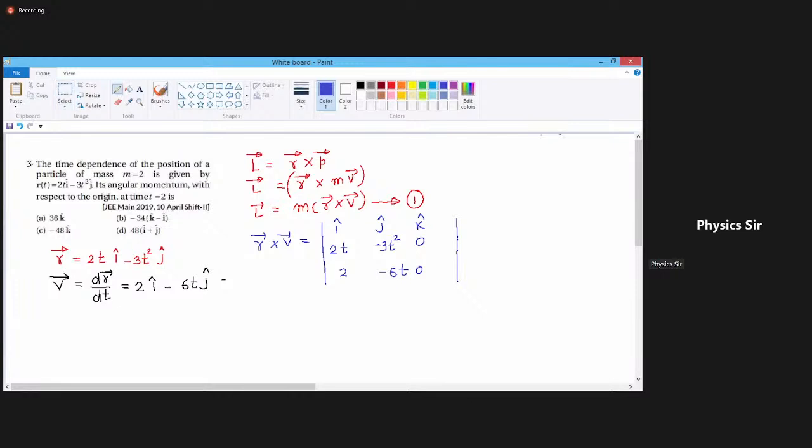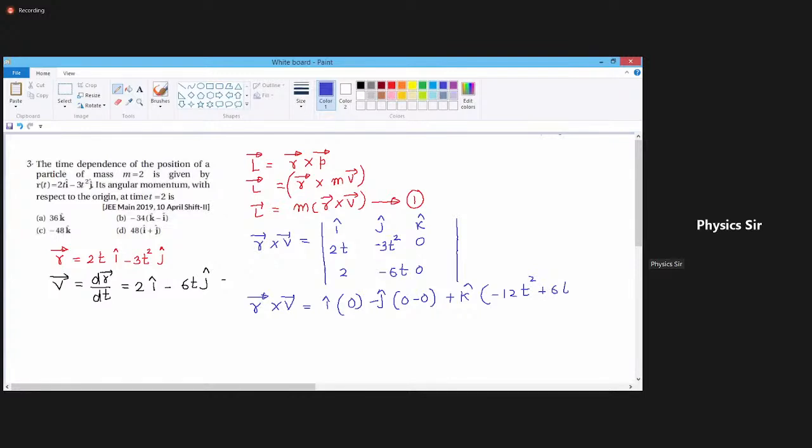So this vector r cross vector v comes out to be: i cap times 0, minus j cap times 0 minus 0, plus k cap times (minus 6t times 2t), this will be minus 12t square. Then this 3 and 2 will become 6.